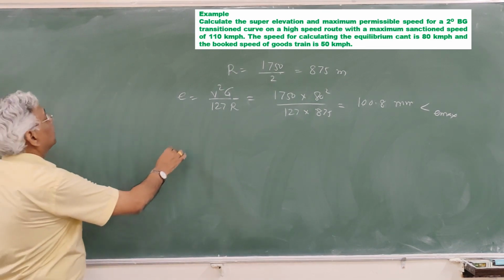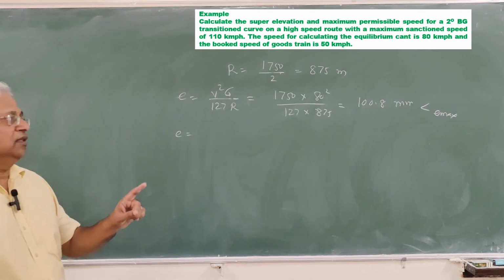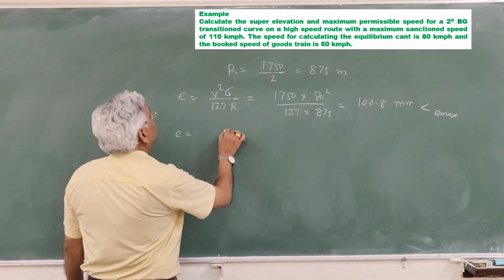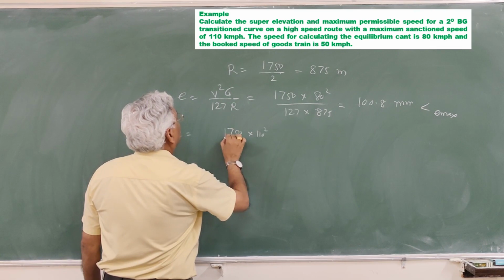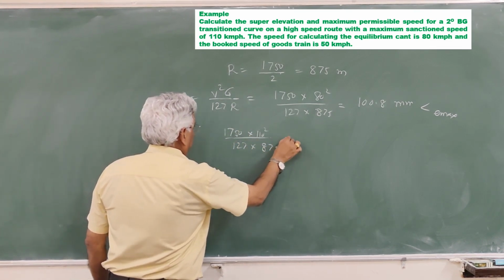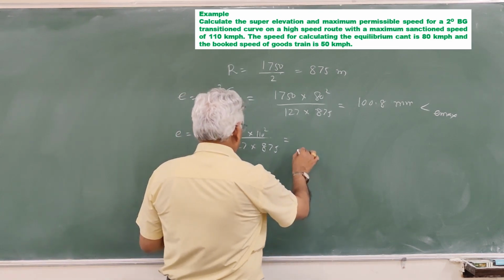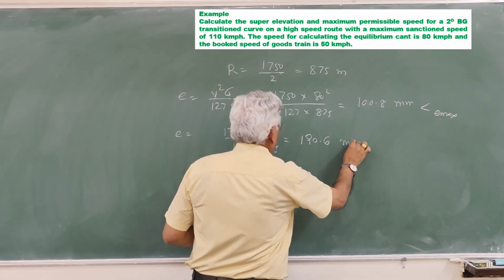Now you calculate what is the requirement of the Cant for the maximum sanctioned speed, and therefore it will be 1750 into 110 square upon 127 into 875. This is 190.6 millimeter.